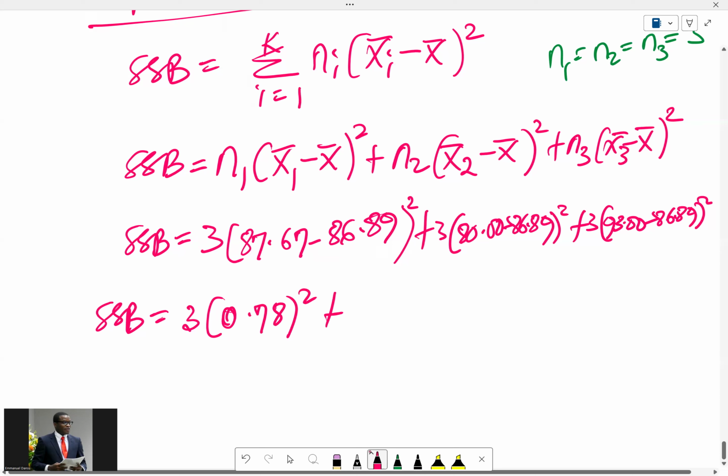0.78 squared, plus 3 into 80.00. That's just 80, so 80 minus 86.89, that is minus 6.89, all squared again.